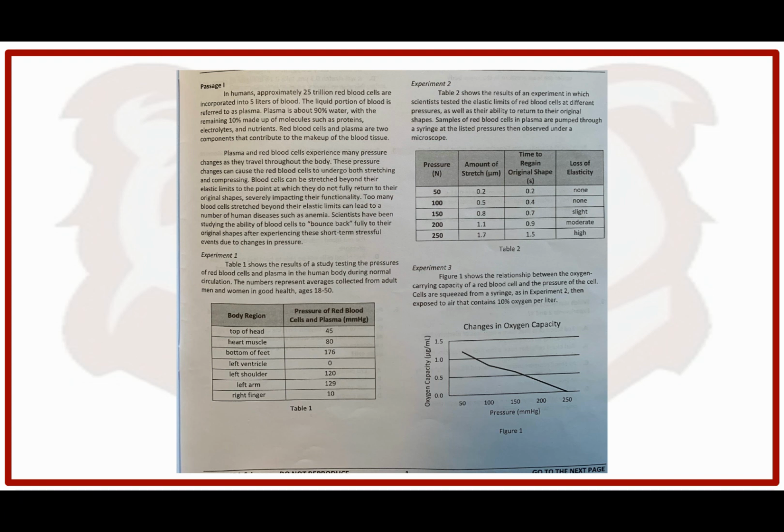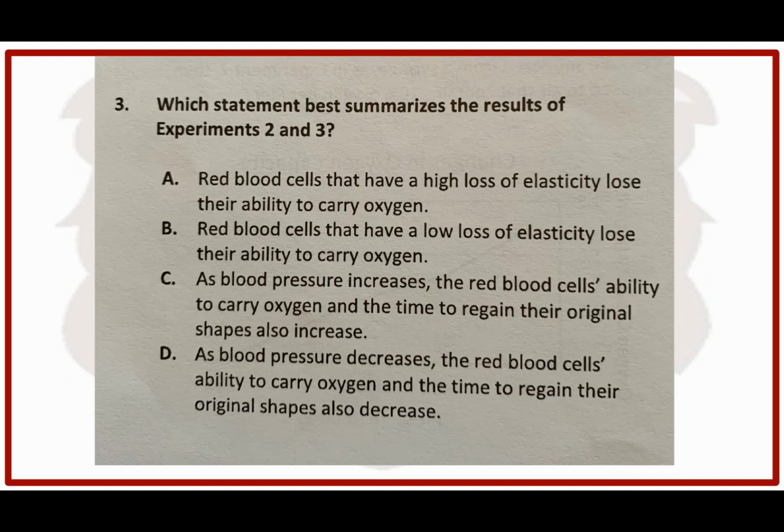So then we're going to look at question number 3. Question number 3 is a pretty easy question, but I think about half got this question wrong. So let's look at that. If you read the question, which statement best summarizes the results of experiments 2 and 3?